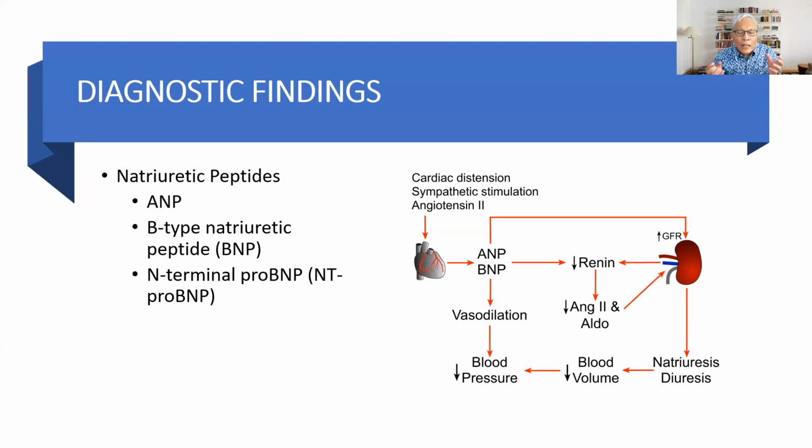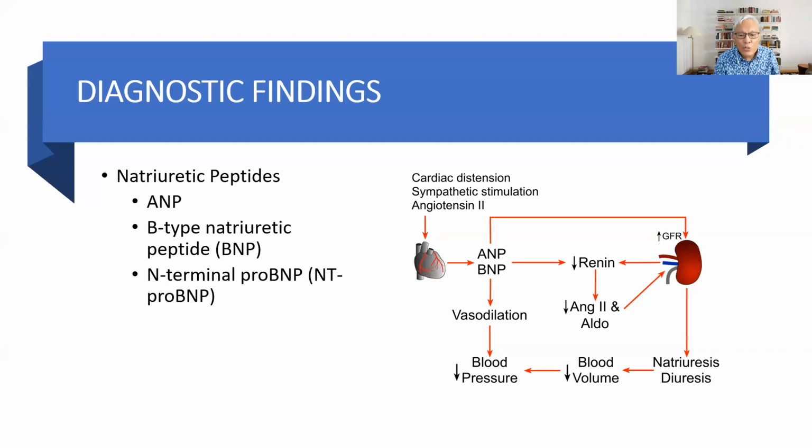So an example of that, therefore, is when you have a lot of distension in the atria, this is going to inhibit the activation of the renin-angiotensin-aldosterone system. So that's one protective mechanism by the body. So if you have an increase in ANP, that means to say that there's a lot of volume going into your atria. So that is one of them.